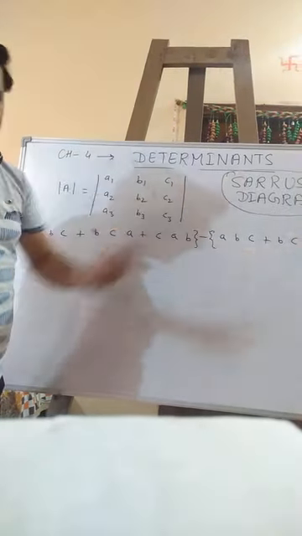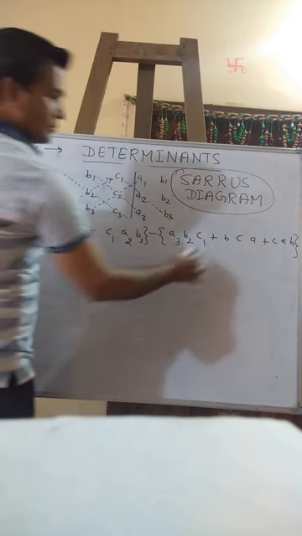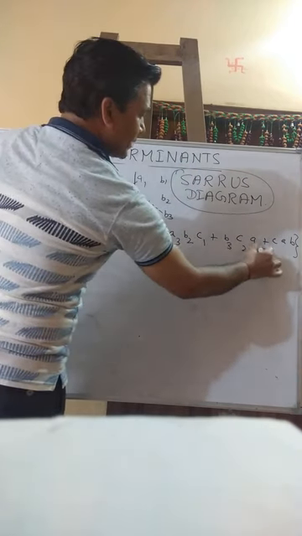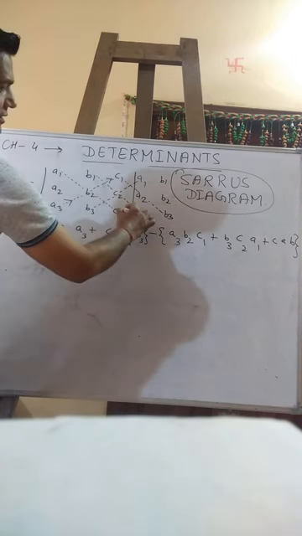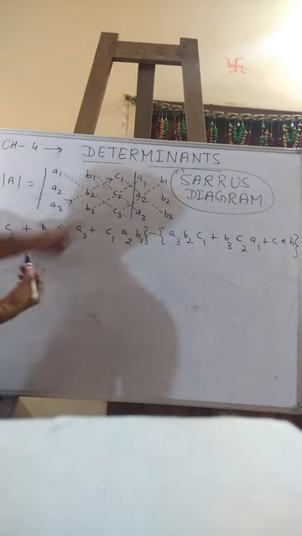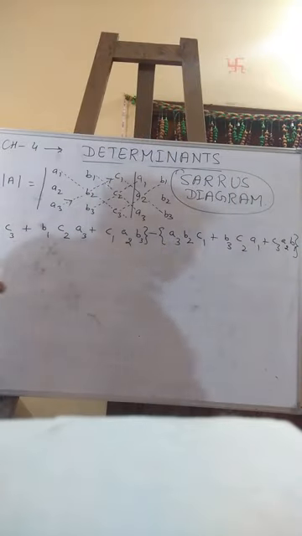Now the second, start from here, B3 C2 A1, and now the third, this one, C3 A2 B1. So it is very easy.